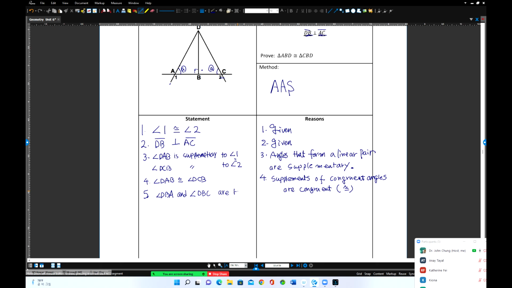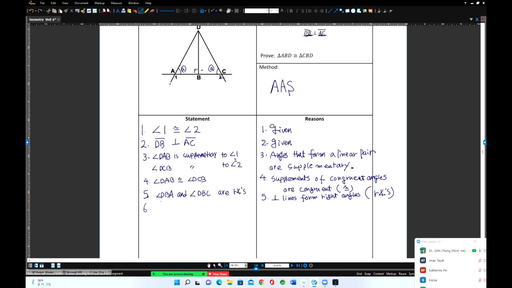The reason is: perpendicular lines form right angles. You can use the right angle symbol too, if your teachers use this one.